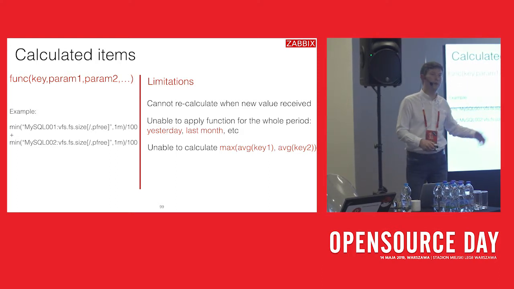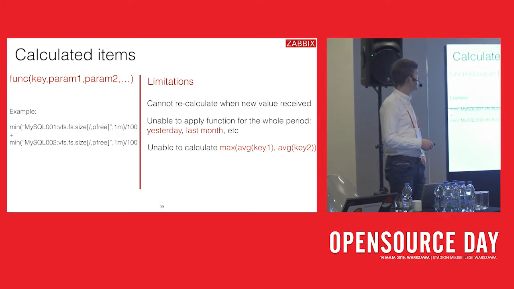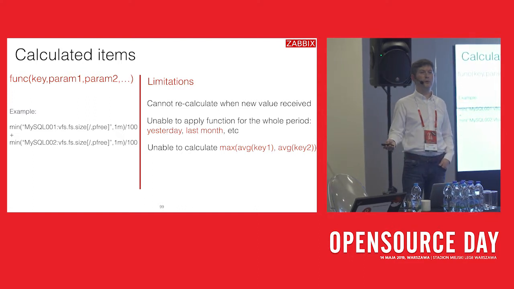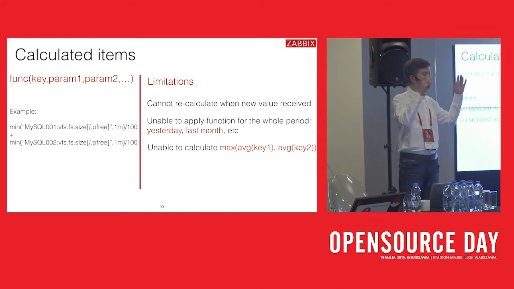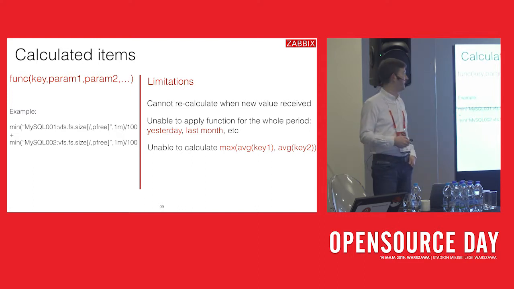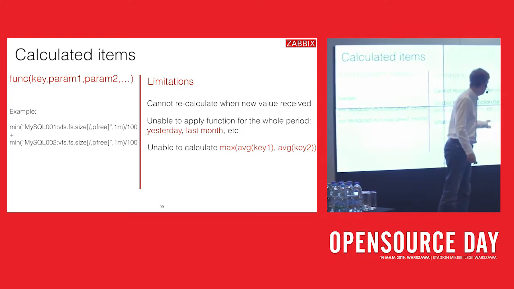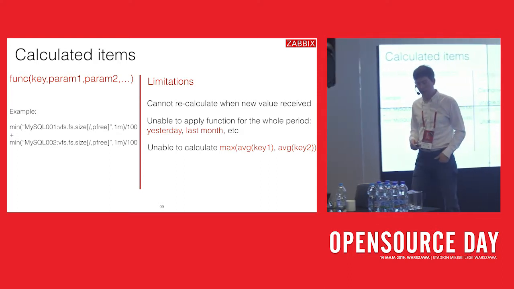We define our own schedule, like once per minute, please recalculate it. We are unable to apply functions like yesterday or last month or previous week, something like that. For example, I want to calculate average for yesterday or average for the whole day. It's impossible right now. Again, unable to calculate function, and the parameter of this function and other functions. It is not supported.